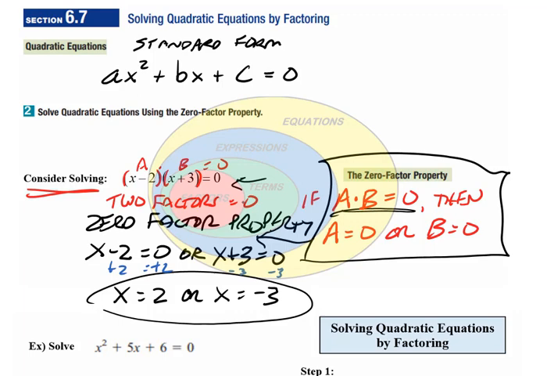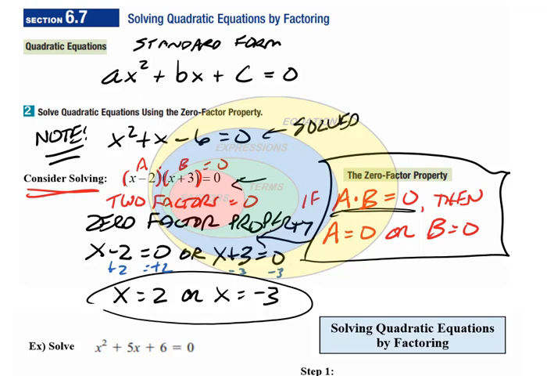So I want us to realize that if we were to expand this, if we multiply these two binomials, we would end up with x squared. The middle term would be plus x, and then minus 6 equals 0. So if we expanded, what we actually did is we solved a quadratic equation.